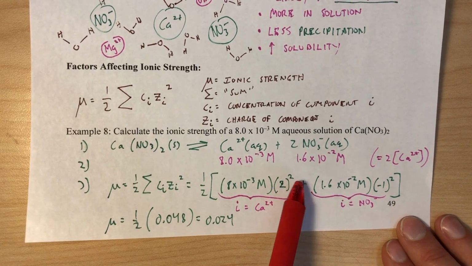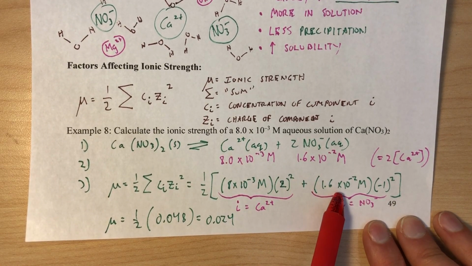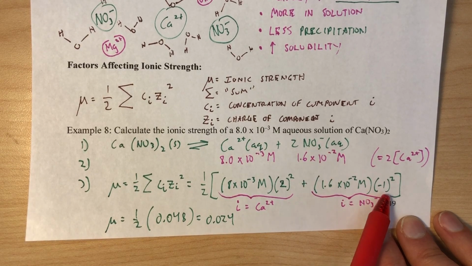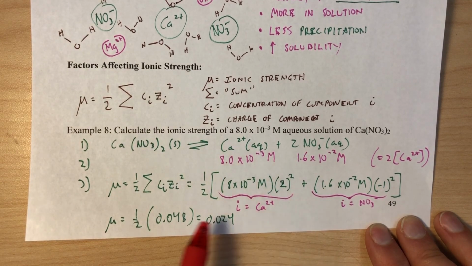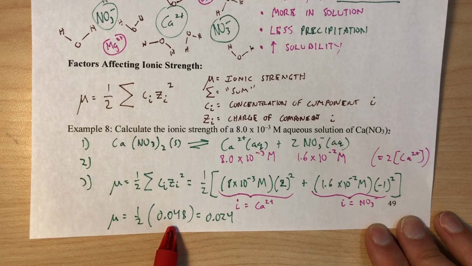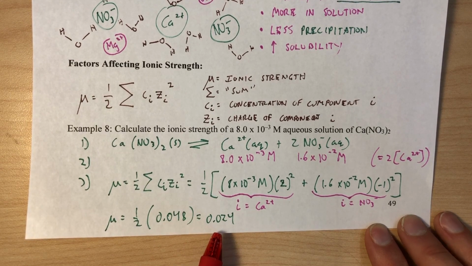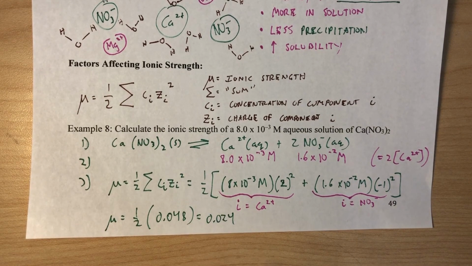For our next component, nitrate, the concentration is 1.6 times 10 to the negative 2. Its charge is -1, so its Z is -1, squared. When you bring all this together, our value inside the brackets is going to be equal to 0.048, and our ionic strength mu is 0.024. And next class, we'll see what happens when we calculate ionic strength.